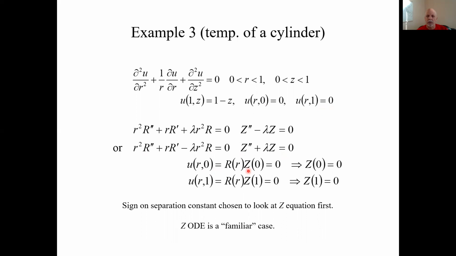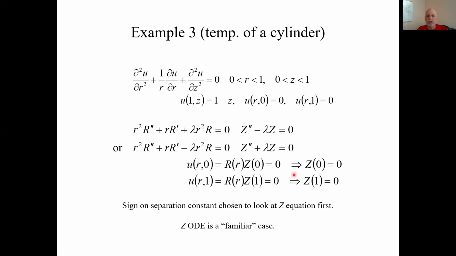We use the product method on the boundary conditions as well, which leads to these boundary conditions on the z equation. If we choose this sign convention, we can get the eigenvalues from the z equation. So we're going to pick this sign convention on lambda to give us these two ordinary differential equations.